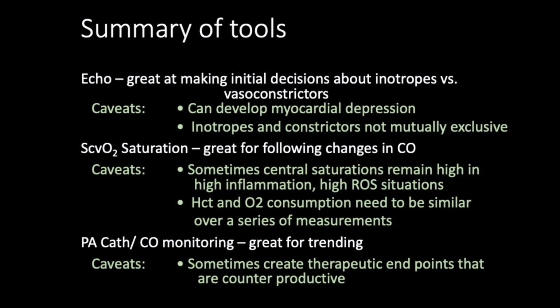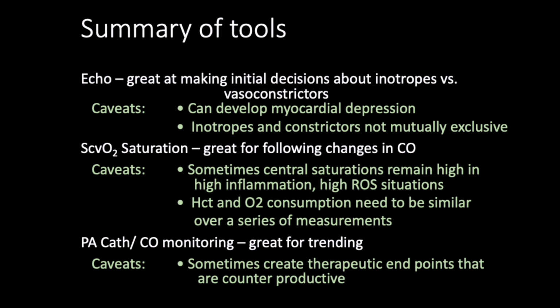So if you have someone that's sedated or paralyzed and just hanging out in the bed without any changes in temperature or gross large motor activity, then probably VO2 is very much the same through a whole course of measurements. And if the crit's about the same, then I think you can pretty much deduce that changes in your central venous saturation are due to changes in cardiac output.